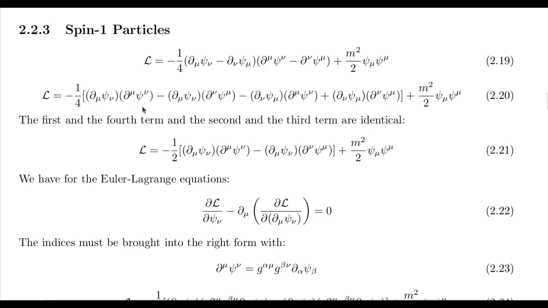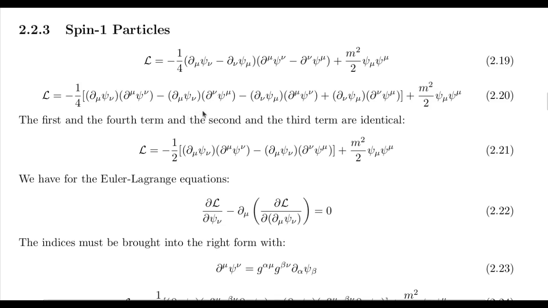The first and the fourth term are identical because we see we have here two scalar products, mu and mu as co- and contravariant index, and we could exchange the names of the indices here. Instead of mu we can write nu, and instead of nu we can write mu, and then we have exactly the same as here. So that means we have this term twice.